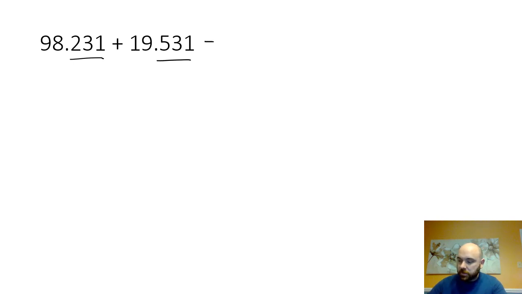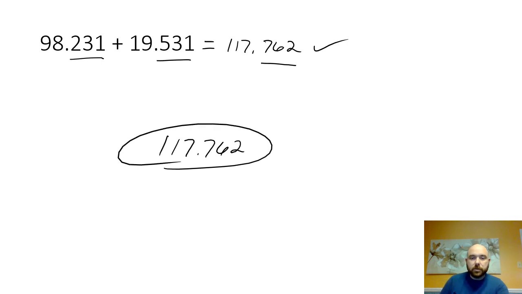If we add those together in our calculator, it shows 117.762. Since we want to round to 3 decimal places, and we see that our answer already has 3 decimal places, that is already correct, and 117.762 is the answer to that problem in the correct number of sig figs.